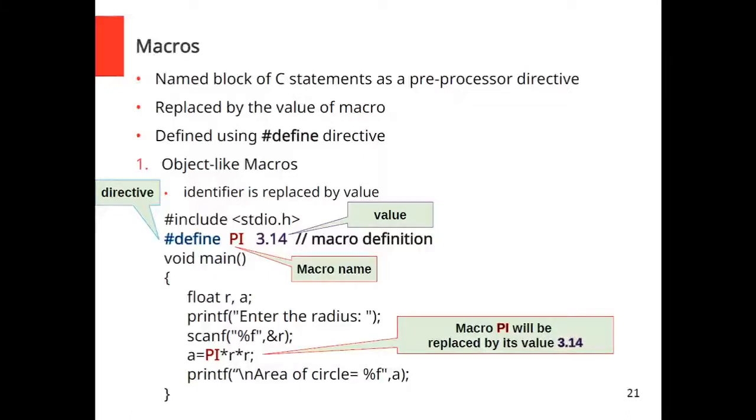In the preprocessor stage, wherever the pi is written, it gets replaced by its value 3.14, and it goes to the compilation and then it gets executed. So the identifier pi is replaced by its value. That's how the macro works.